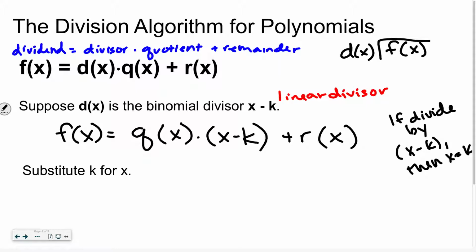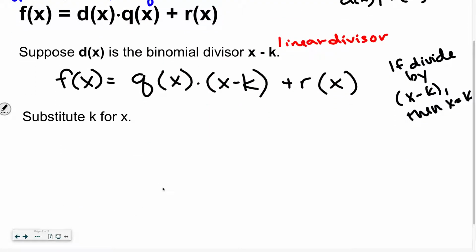We would set it equal to 0, and add k to both sides. So now I have a new statement here. It says substitute k for x. What I'm saying is let x equal k, because that's what we say when we do synthetic division. So everywhere in these function notations where I see x, I'm going to write k.